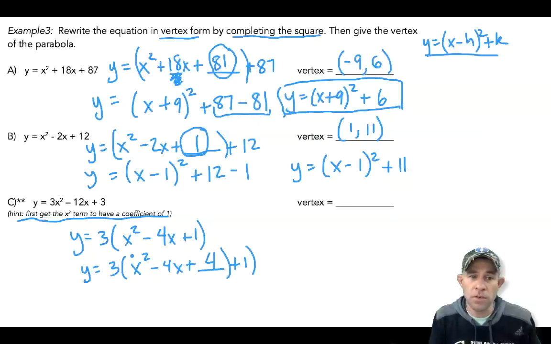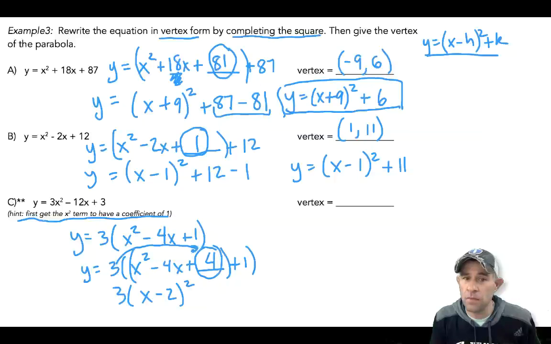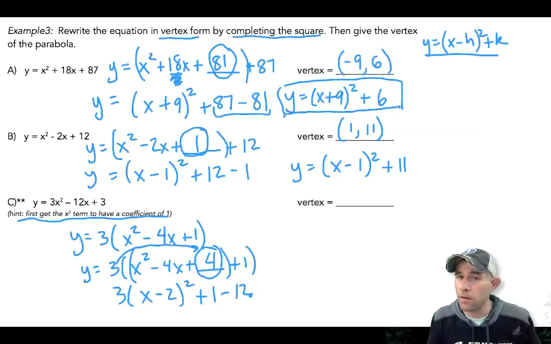So these first three terms are going to be rewritten as a square of a binomial, and that goes like this, y equals 3 times x minus 2 quantity squared. Now remember, I not only added 4 to this side, but I actually added 3 times 4. So that's adding 12. So if I added 12, I also have to subtract 12. So outside the parentheses, I have a plus 1 minus 12.